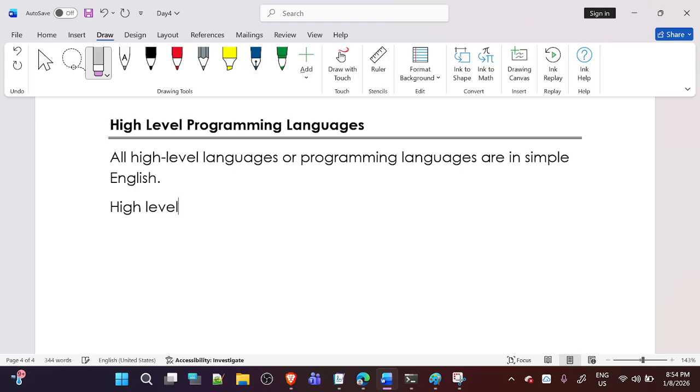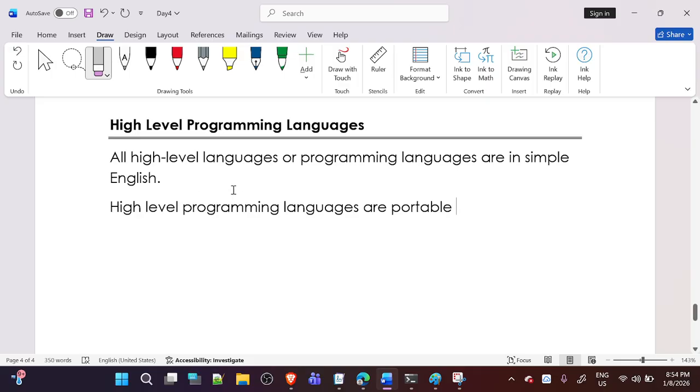High level programming languages are portable. Portable means the code which you write on one machine can be executed on another machine. Correct or not? Yes or no? Yes, sir. All right.